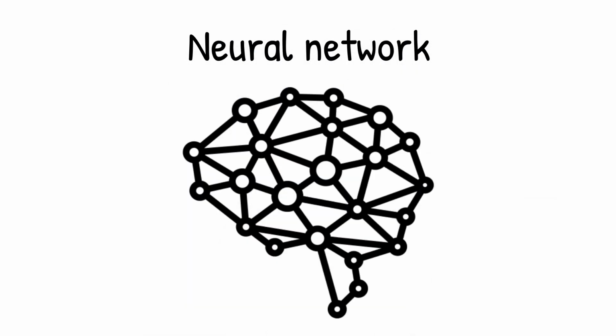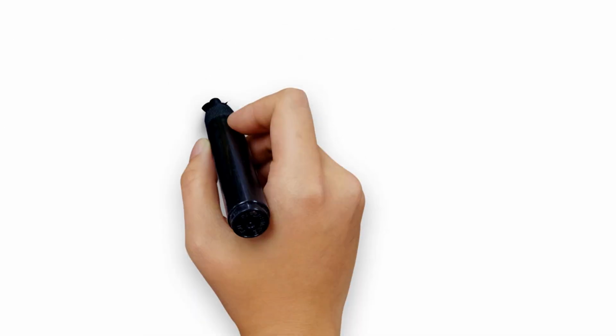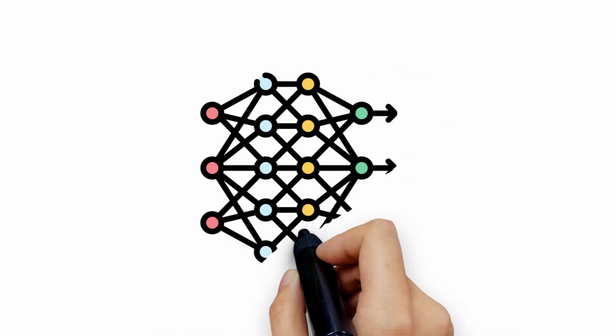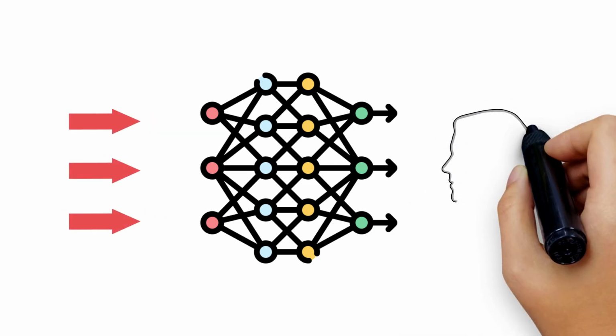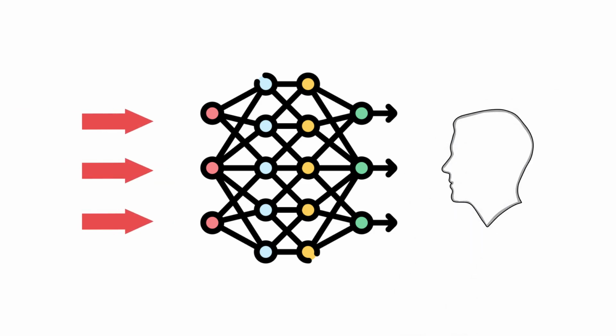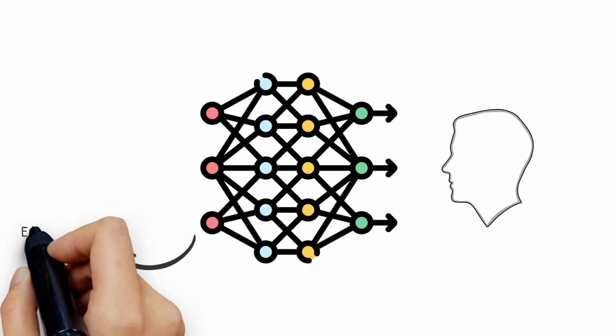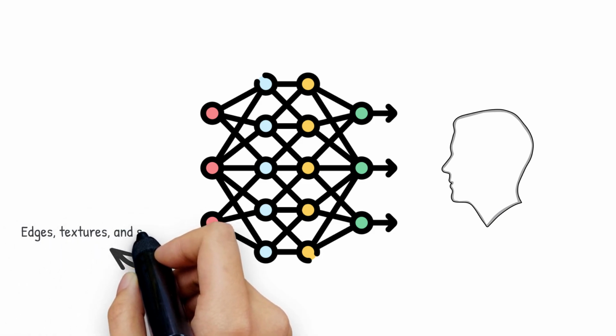A neural network is made up of multiple layers, which are connected to one another. Each layer performs a set of computations on the input data, and as the data moves through the layers, it extracts more and more complex features. This allows the neural network to make more accurate predictions or decisions. The first layers of a deep neural network learn simple features, such as edges, textures, and shapes.